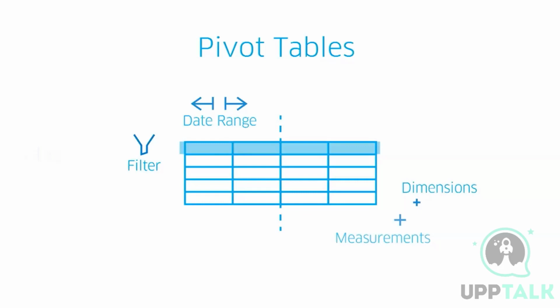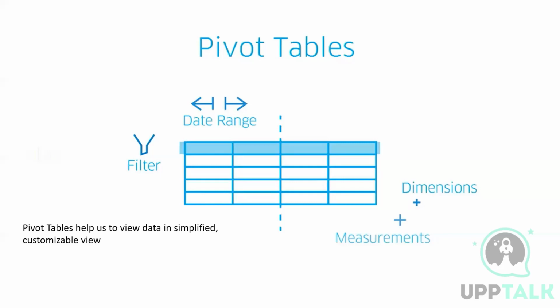So what are the components of pivot tables? It has a date range, it has some filters, it has dimensions, it has measurements. So pivot tables help us view data in a simplified, customizable view, and pivot table is also very necessary when we are working with calculated dimensions and measurements, because calculated dimensions and measurements are not data stream specific, but workspace specific calculations that happen.